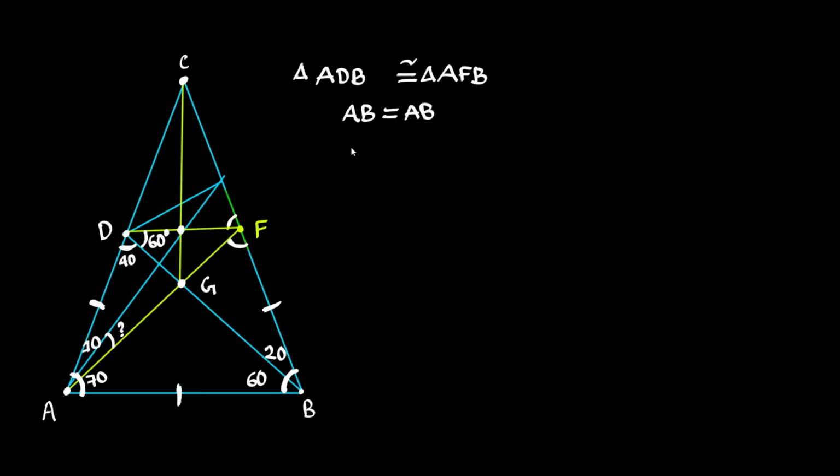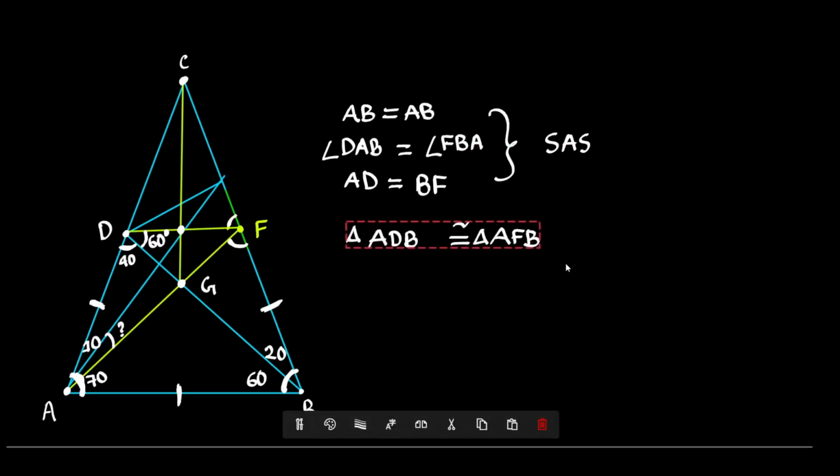And angle DAB is equal to angle ABF. Then we have another. A little while ago we found out that AD is equal to BF. So this is the side angle side theorem of congruence.